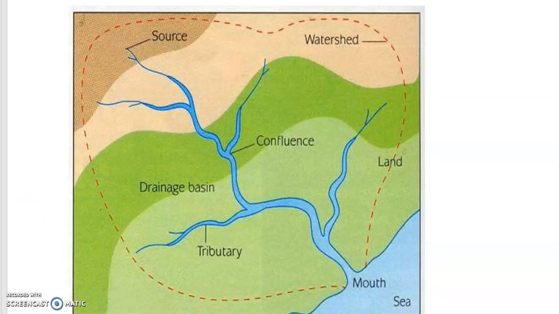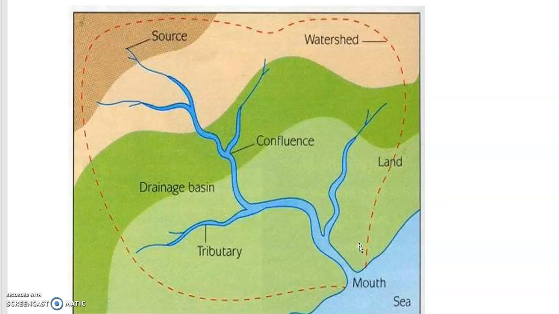With this one again, it's quite easy. You can also see which direction it's flowing because of the mouth there. There's quite a lot of water there compared to the top, and then you have all these tributaries coming in, pouring into the main river.